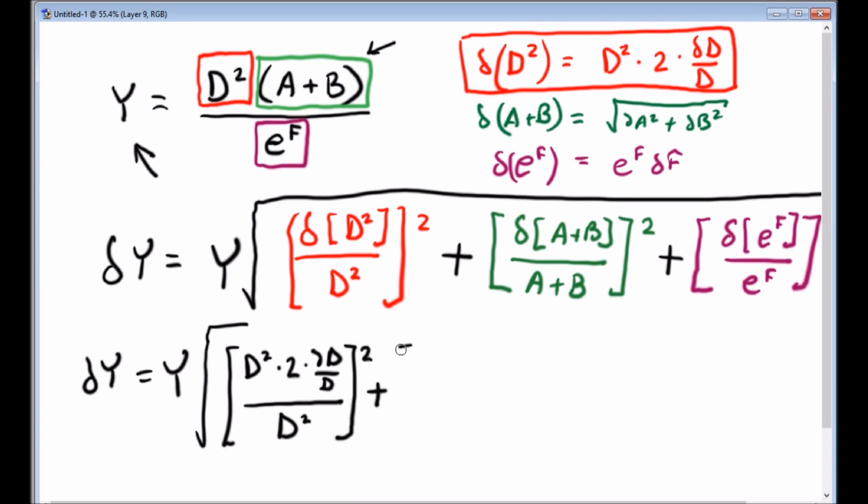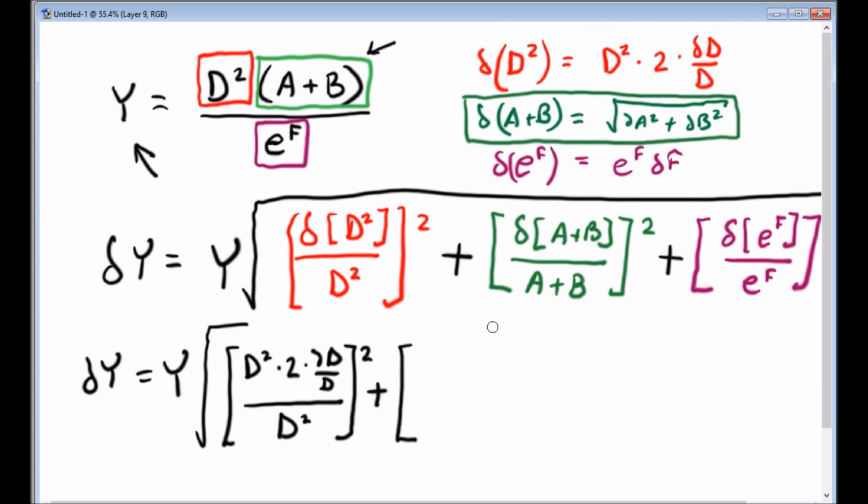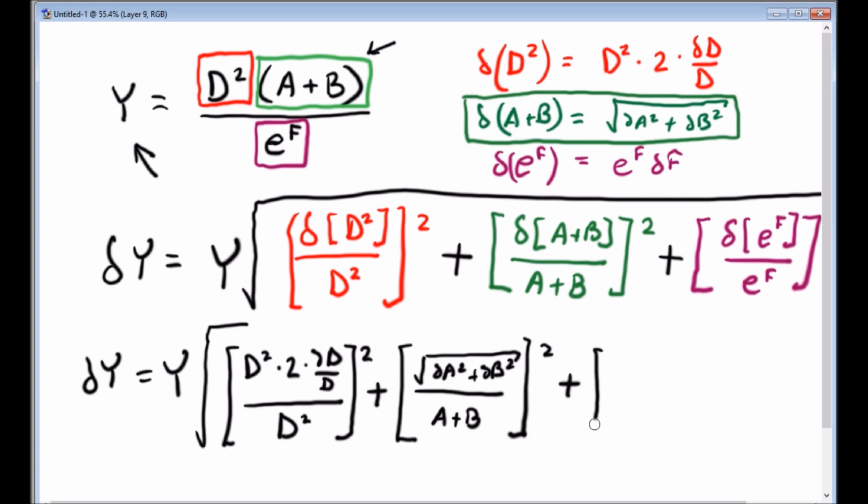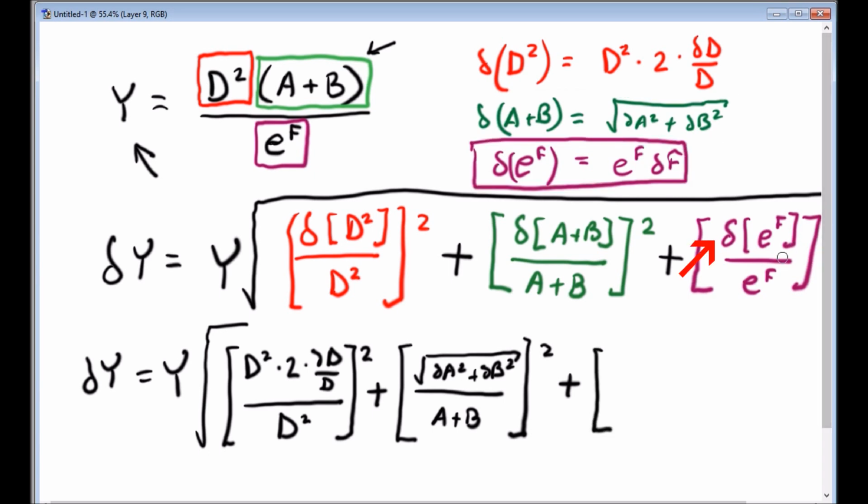Then we put in the next term. So the uncertainty of a plus b we found here. So I'll put that in now. So square root delta a squared plus delta b squared. And then all of that divided by a plus b, just like I have here, all squared. And finally, third term, we put this uncertainty in on the top.